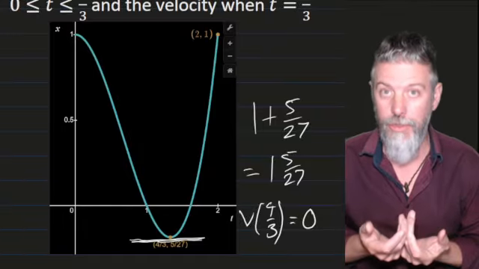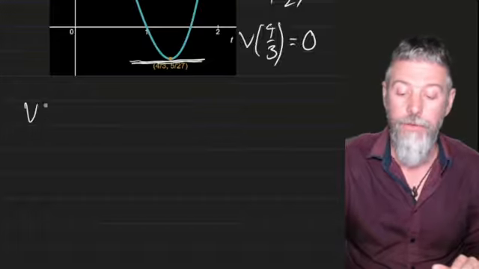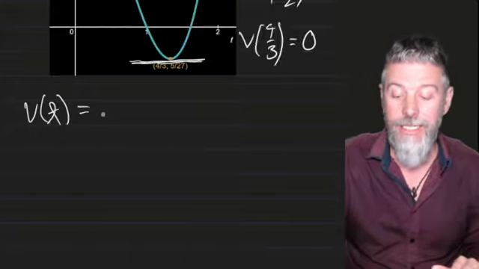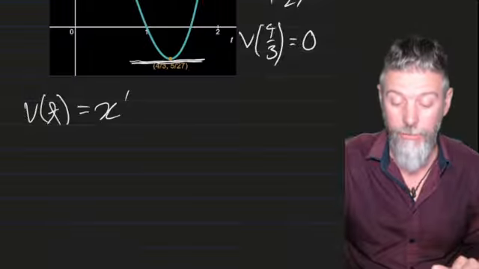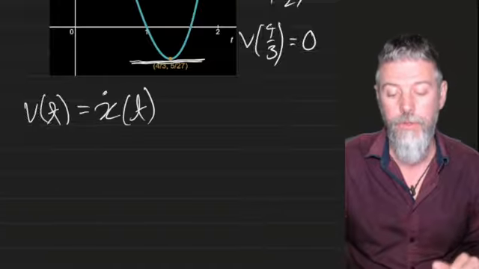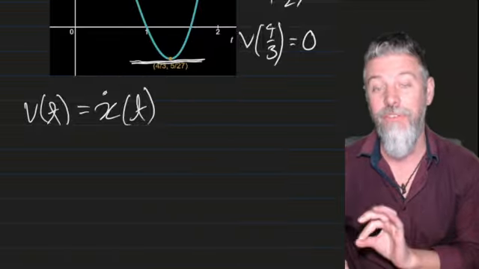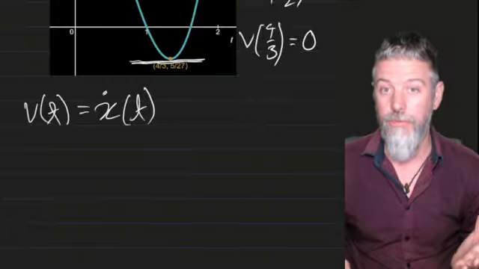So, students that aren't doing physics, the velocity is the rate of change of displacement. So it is the derivative of the displacement function. We would often write that v of t is equal to the derivative, or often you might even see the dot above it, of x. The derivative of x is going to give you the velocity.